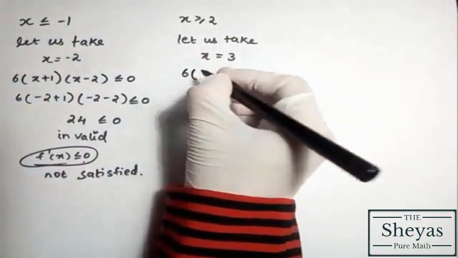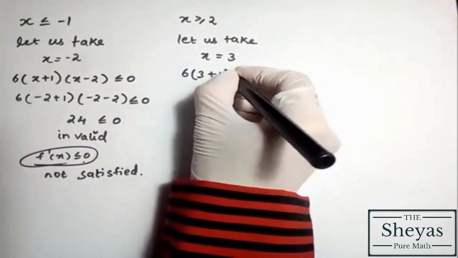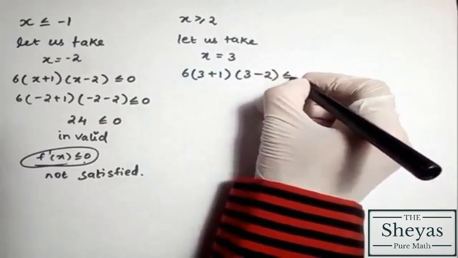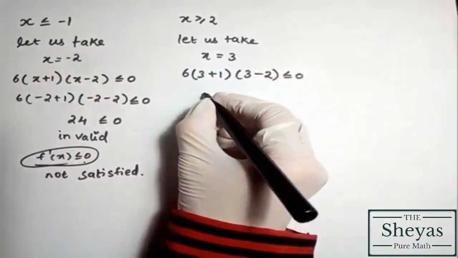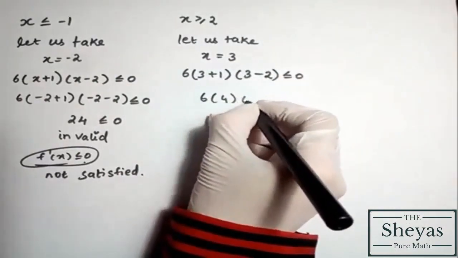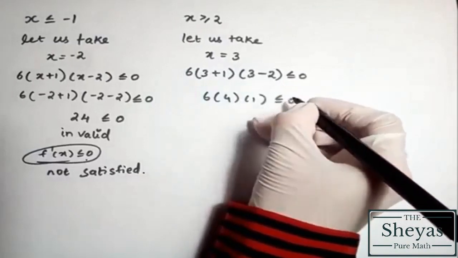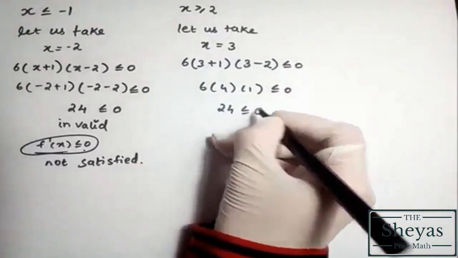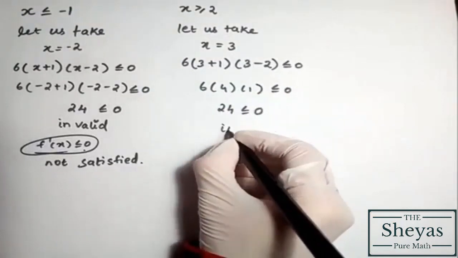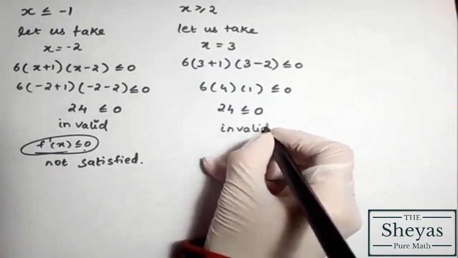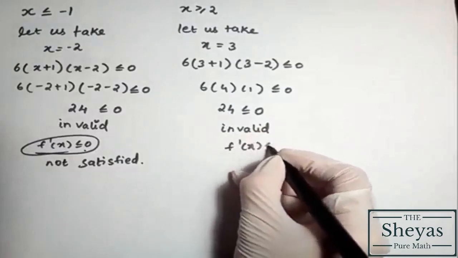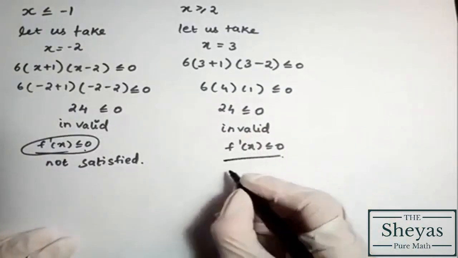So what will you get? 6 into (3 plus 1)(3 minus 2) less than or equal to 0. So 6 into 4 into 1, that is 24 less than or equal to 0. Again you are getting invalid because 24 is not less than or equal to 0. So f dash of x less than or equal to 0 is not satisfied.